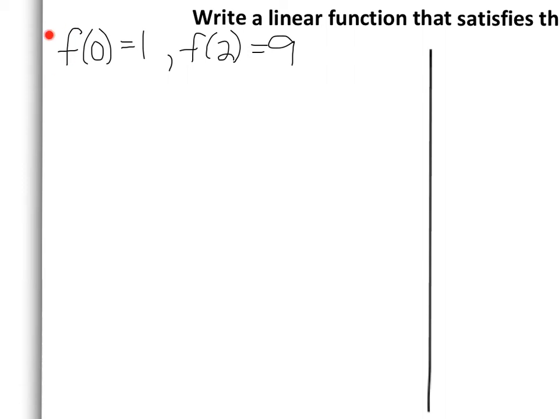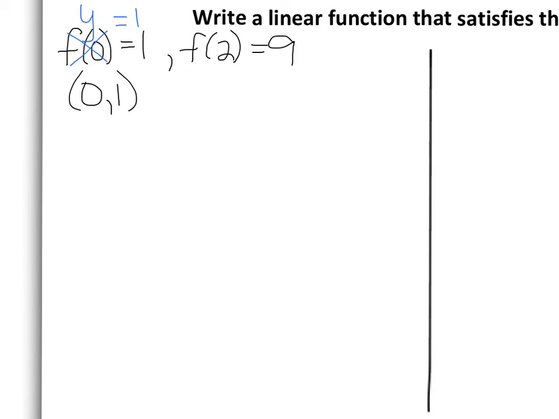For function f, when x is 0, I get 1. The number that's in the parentheses next to the name of my function, that's your value of x. And remember, I could rewrite this and say y. So y equals 1, x is 0.